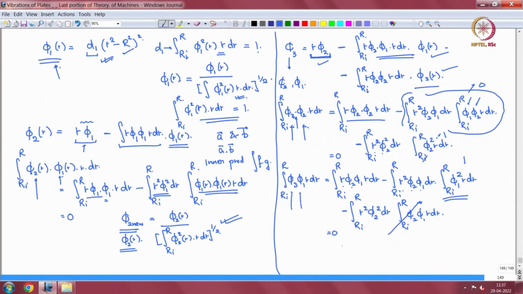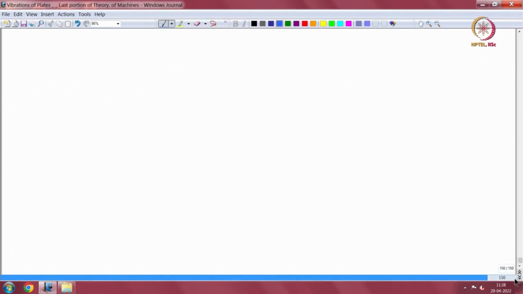Then you orthonormalize phi 3 again: phi 3 is equal to phi 3 old divided by the square root of the integral from Ri to R of phi 3 square r dr. Like this you continue.